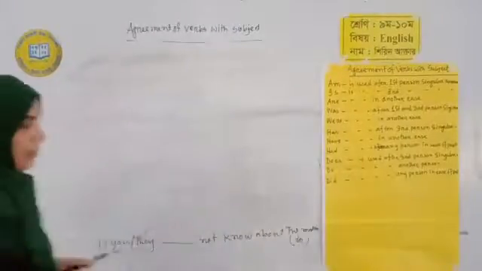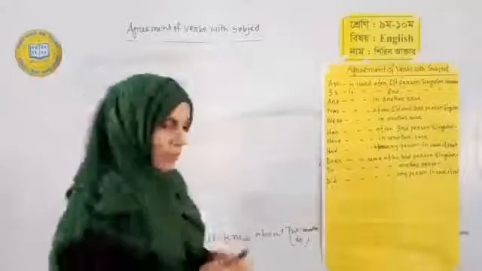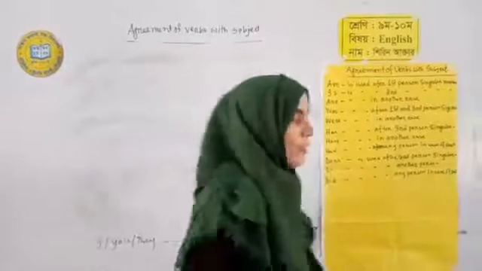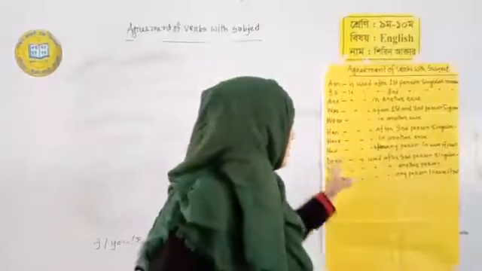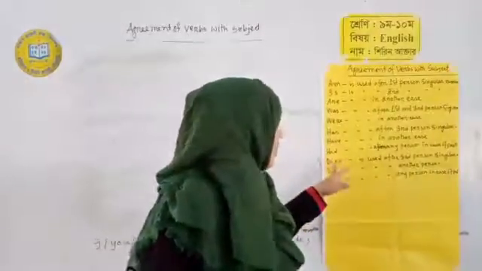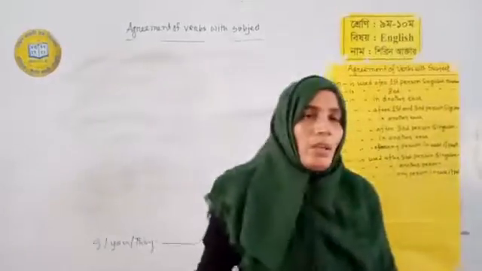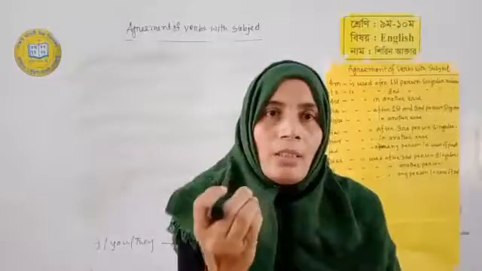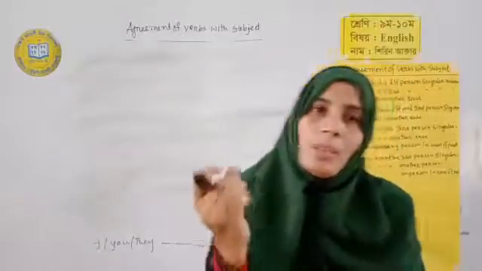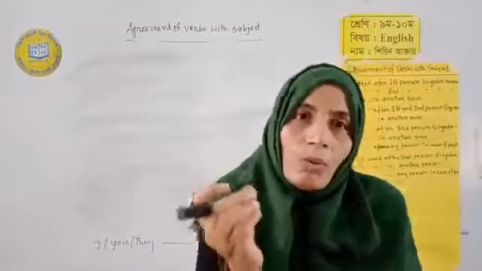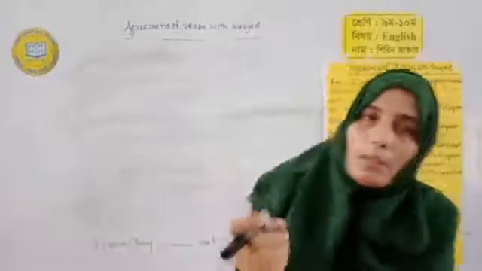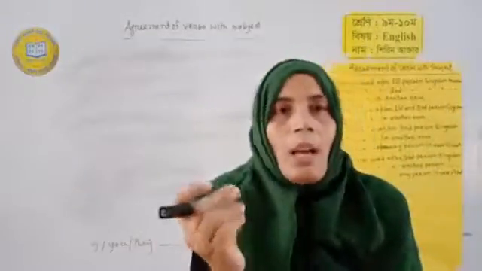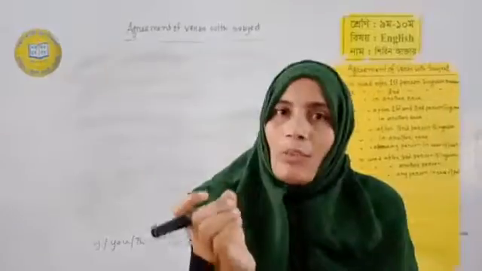Then our next verb is does. Dear learners, I have already discussed the use of do and does verbs. Where are do and does used? In case of an interrogative sentence, or if we want to make a sentence interrogative or negative, we have to use an auxiliary verb.